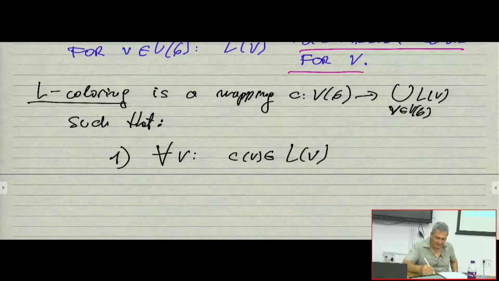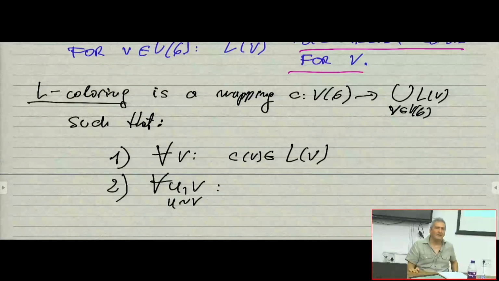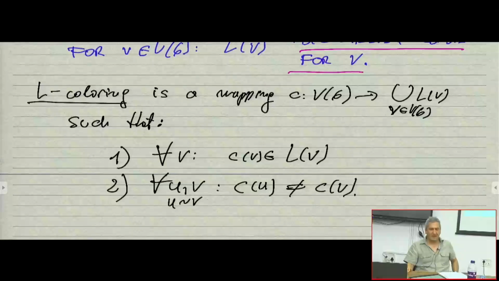Second, for every U and V adjacent, we want C of U to be different from C of V. So we want this coloring to be proper, and every vertex gets a color from its list. Then it's a list coloring of graph G.